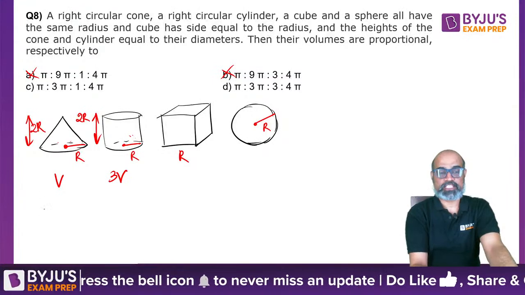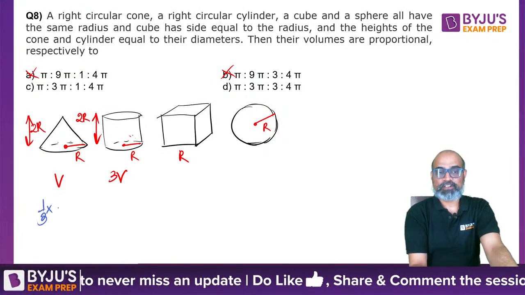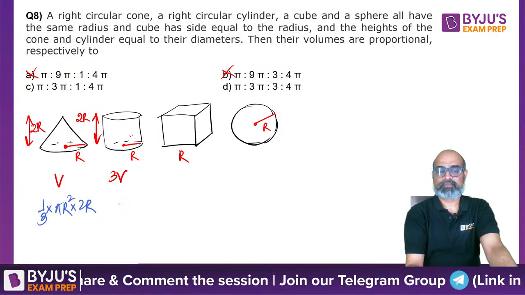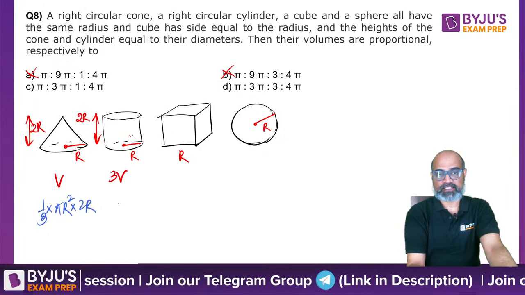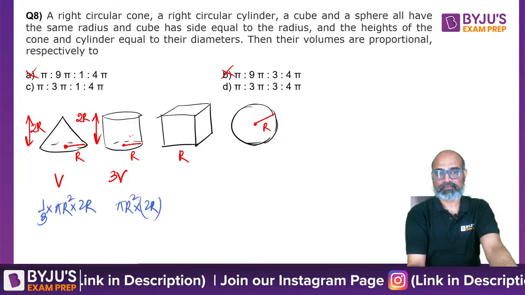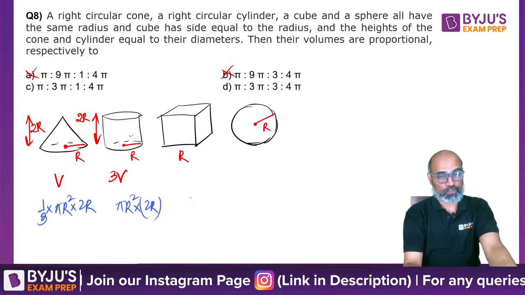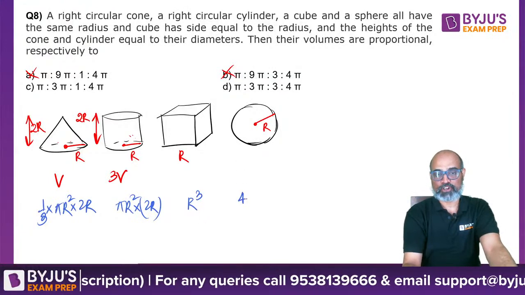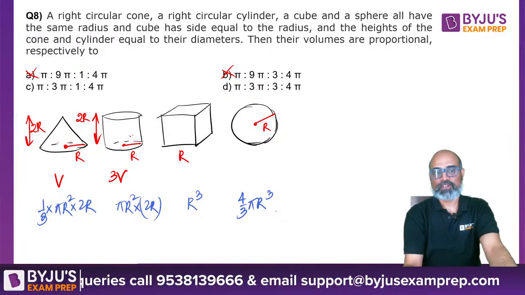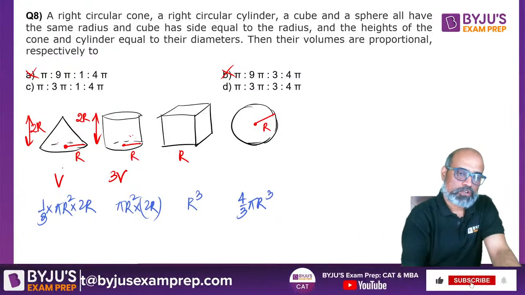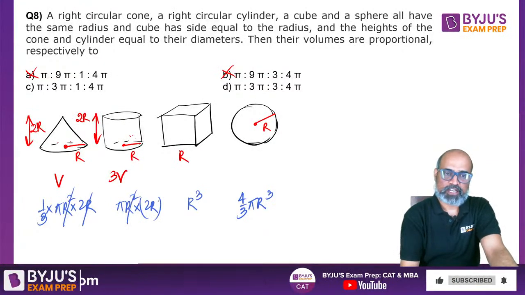So the volume of the cone is given as 1/3 of base area into height. The volume of the cylinder is given as base area into height. The volume of the cube is going to be side cube, and the volume of the sphere is going to be 4/3 pi r cube. So r cube vanishes. You can take r as 1, no problem. So you will be left with r cube vanishing everywhere.